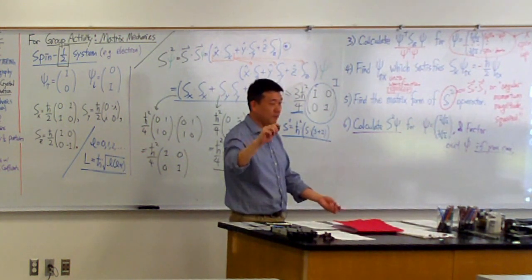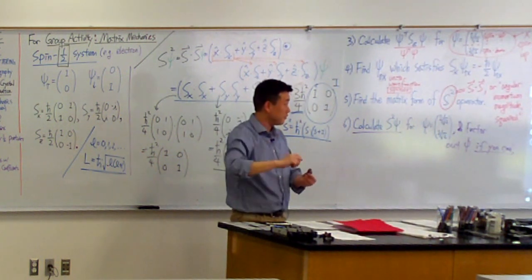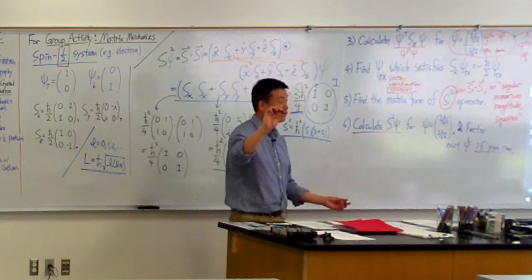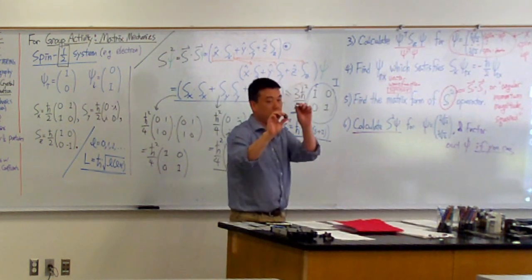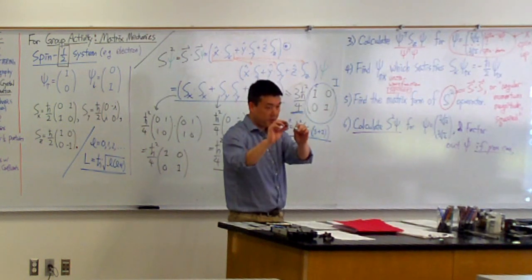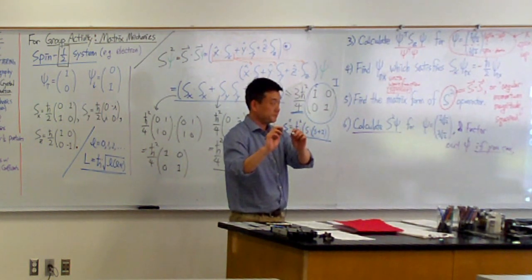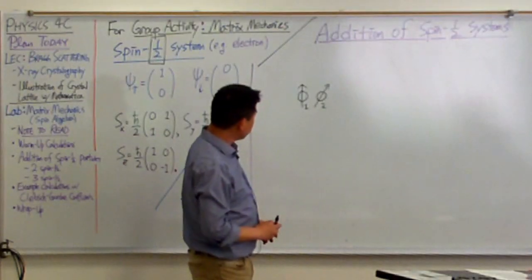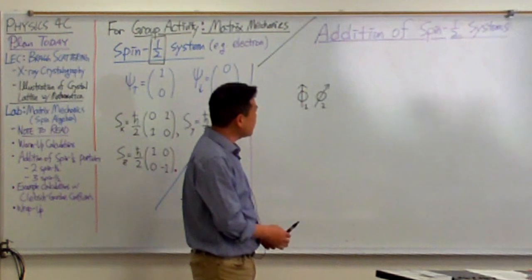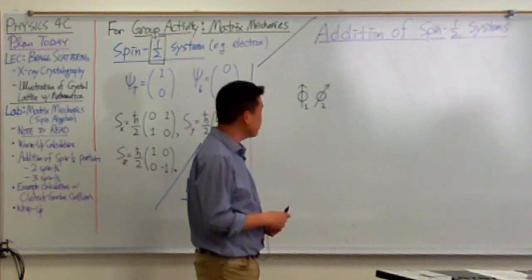Because when you look at the quantum numbers, there's only plus h bar/2 and minus h bar/2. There's no 0. So instead, I'm going to add another spin half system, and maybe by adding them together, I can make their total spin 0. This is where I need to lecture a little bit to give you some intuitive feel for the mathematical operation we are going to do.